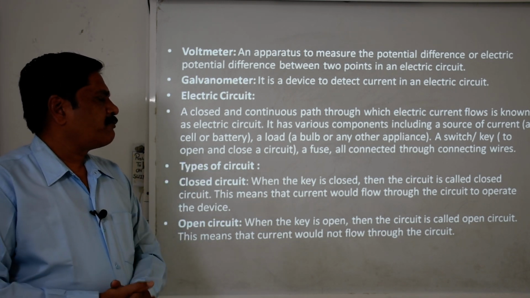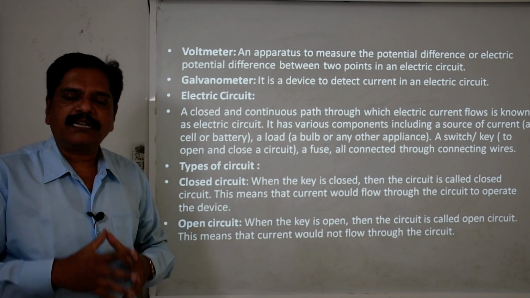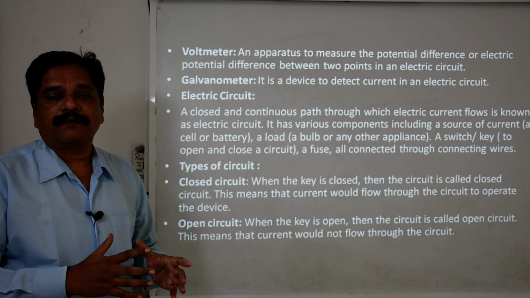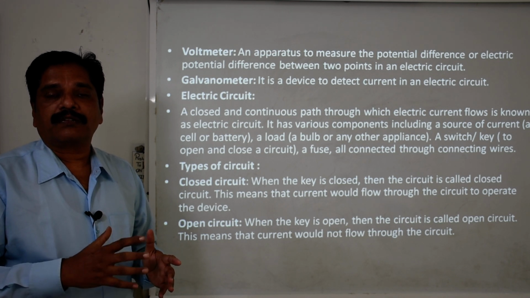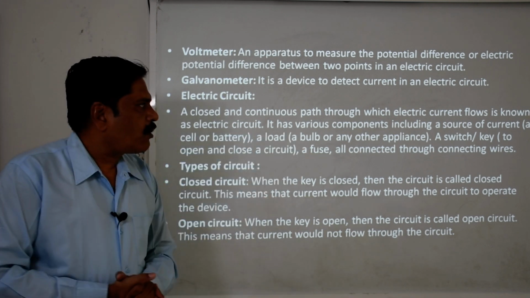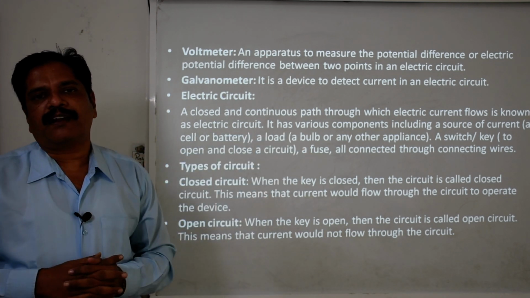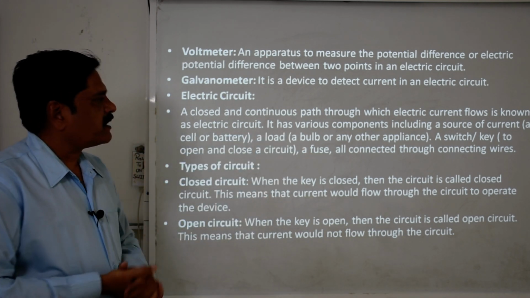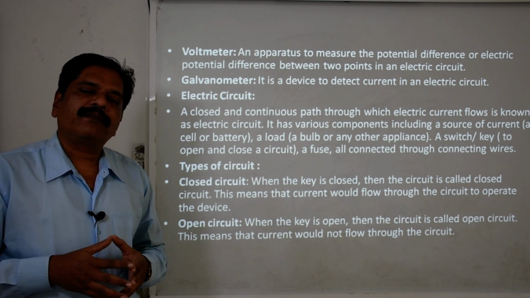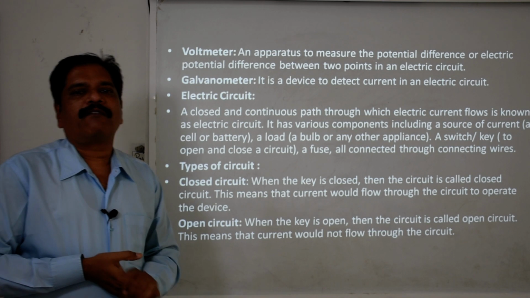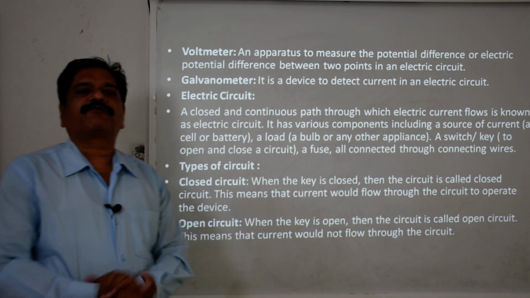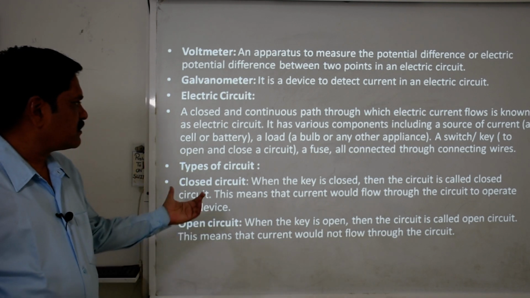As well as a fuse for the protection of the circuit. And all these things should be connected with the help of copper wire. We always use copper wire because it is easily available as well as a good conductor of electricity.